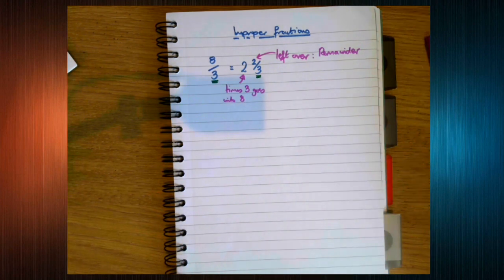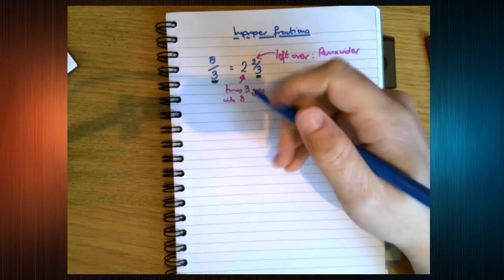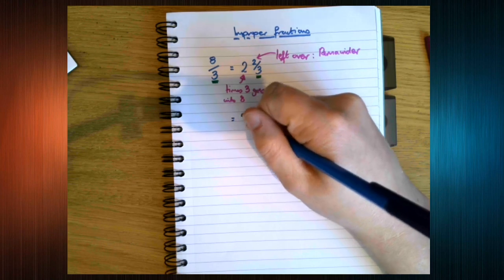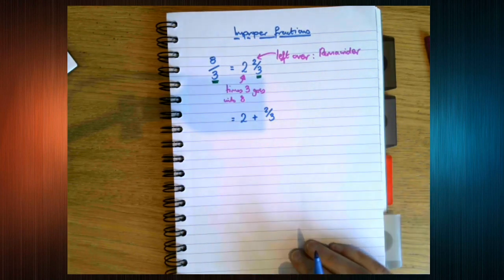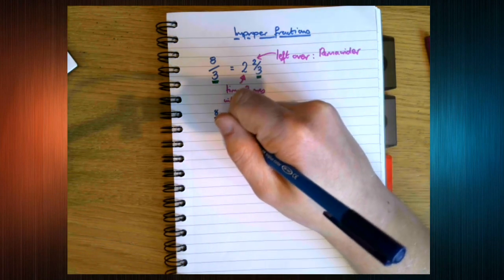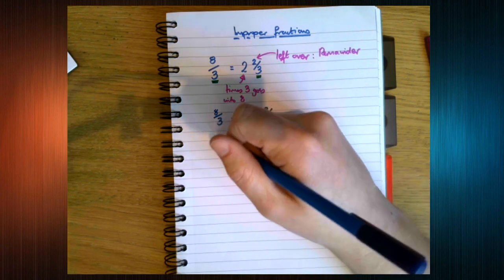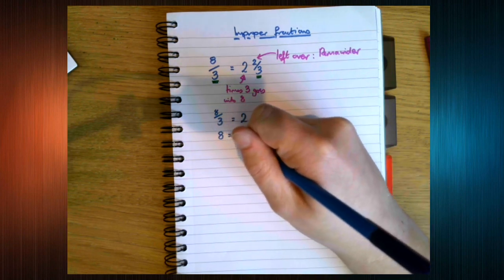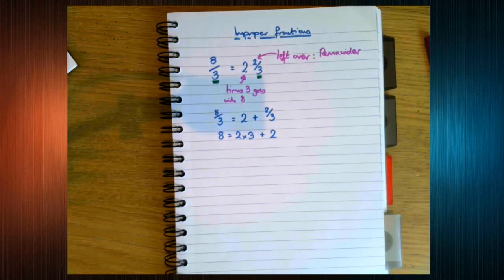Now, the other way we can express this, if we rearrange, we could say that this is the same as 2 plus 2/3. So 8 over 3 is 2 plus 2/3, which means that we can write 8 as 2 times 3 plus 2.